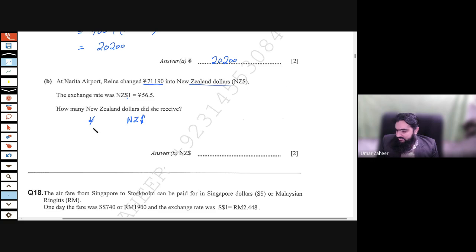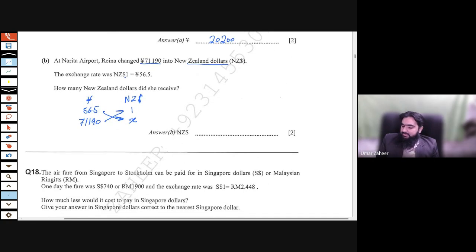So the rate of exchange is 1 New Zealand dollar equal to 56.5 yen, and she has 71,190 yen. You have to find the number of New Zealand dollars.